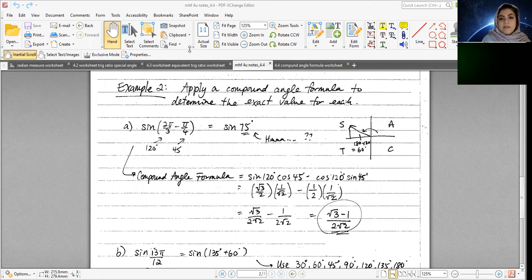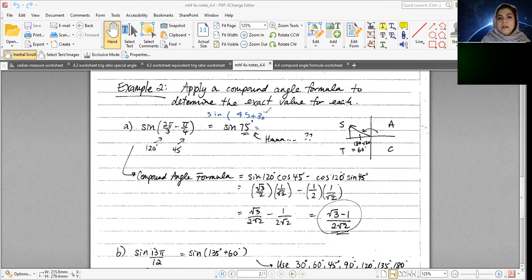So 75, can I write it as addition of the two angles that I know? Let's try. For 75, I can write it as 45 plus 30, right? I write it down.